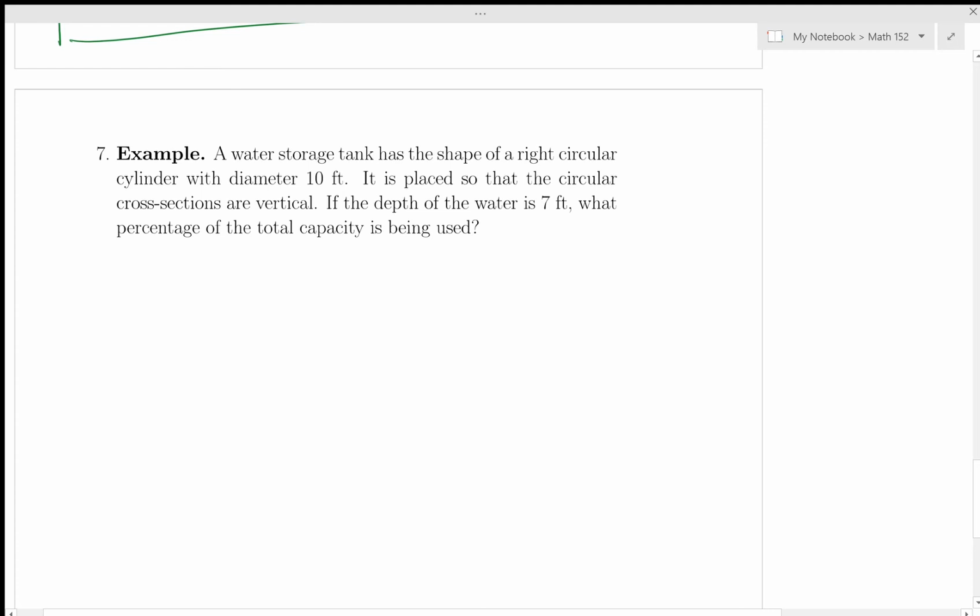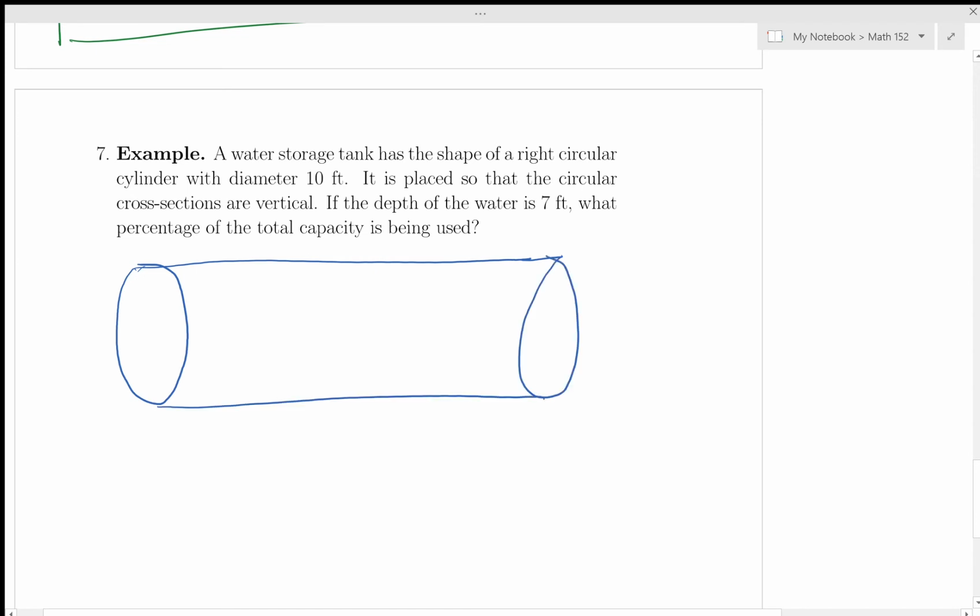It's a right circular cylinder, diameter 10 feet, and it's tipped on its side. So the circular cross sections are vertical. This is what I'm reading here. We've got a right circular cylinder, and the vertical cross sections are circles, and the diameter is 10 feet.